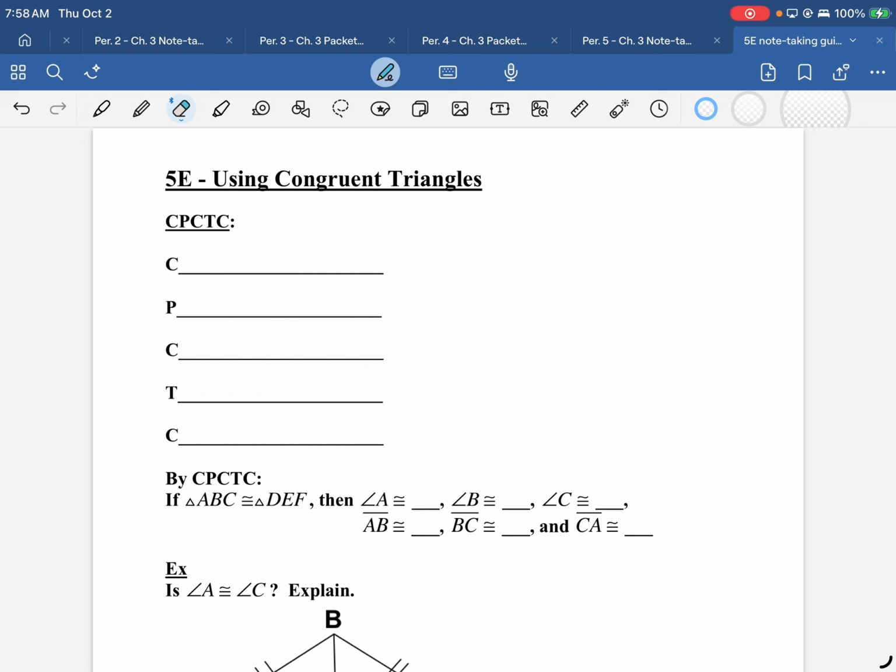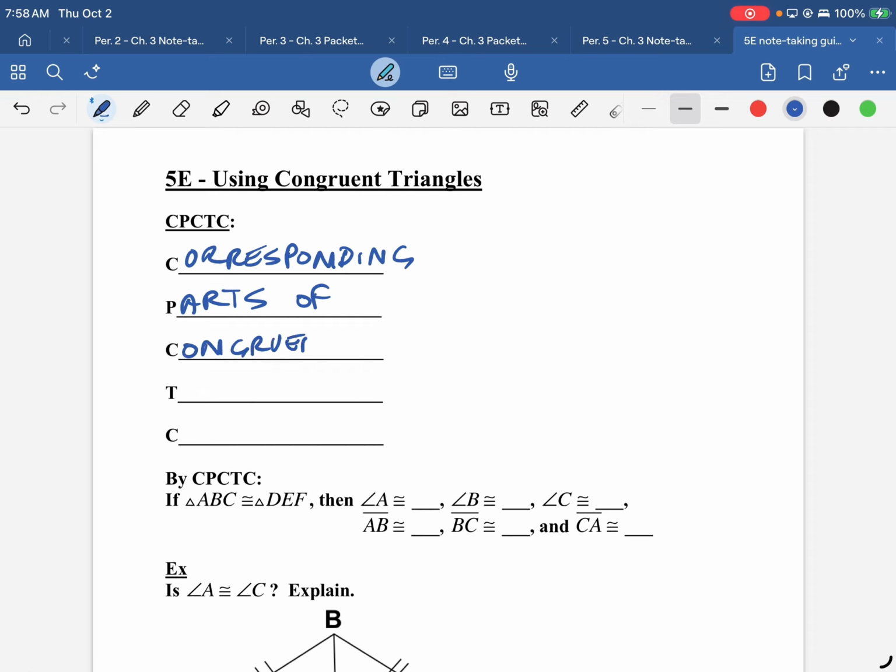The first C is for corresponding, and then parts of congruent triangles are congruent. It's kind of a mouthful, but that's why we often use the abbreviation CPCTC.